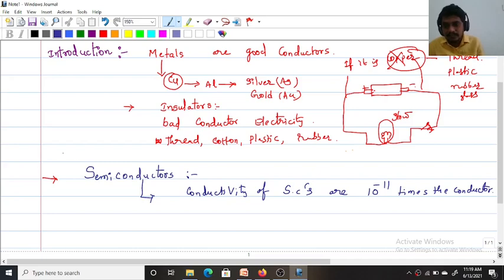Still, even though the conductivity of a semiconductor is small, these semiconductors are widely used.